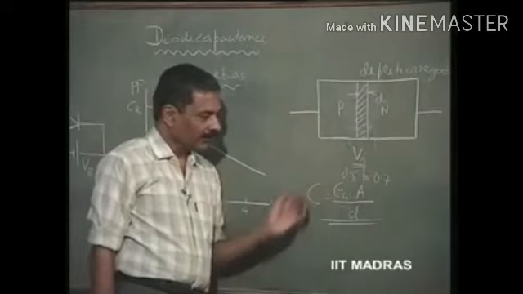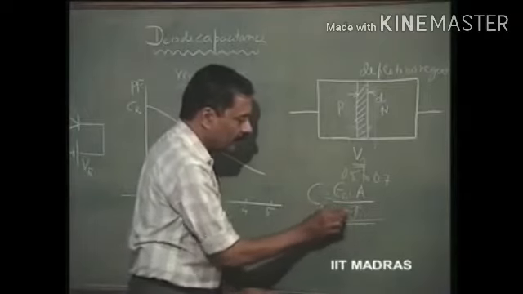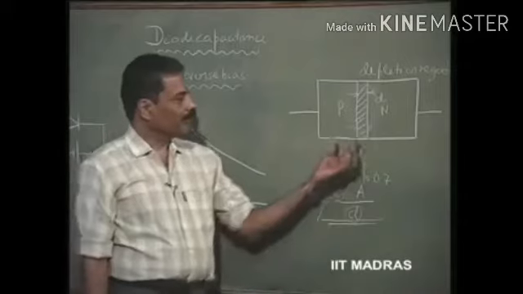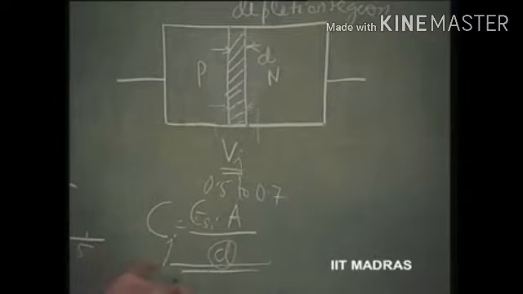So, this constitutes the effective junction capacitance, and this depletion layer width is dependent upon the reverse bias voltage that we apply. And therefore, if we apply a reverse bias voltage which is very large, the depletion layer width increases and therefore, the capacitance decreases.